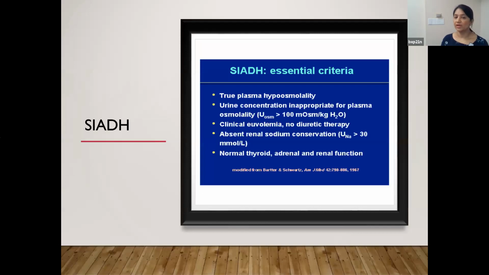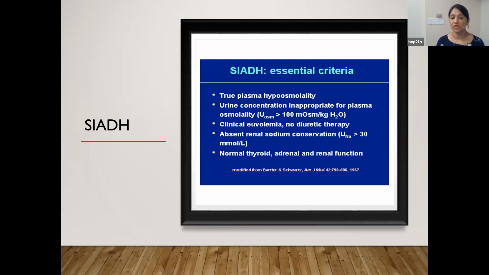Now let's talk about SIADH. So you have inappropriate ADH coming from somewhere, either it's secreted or otherwise. Basically it's floating around, and it's causing overwhelming absorption of water and dilution of the blood. So you have the hyponatremia.